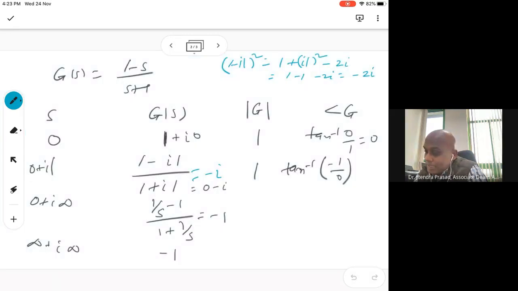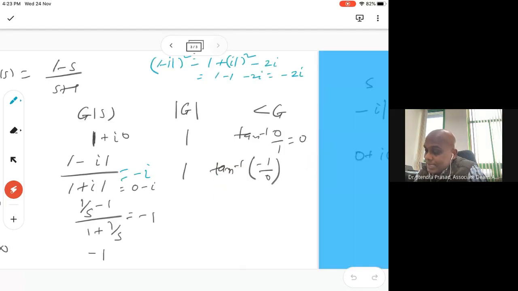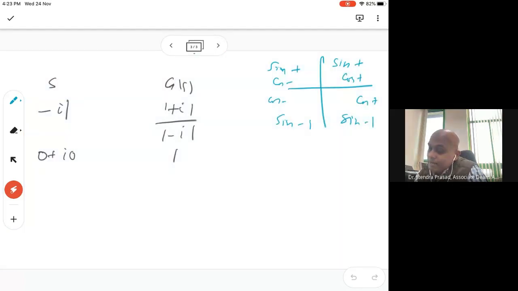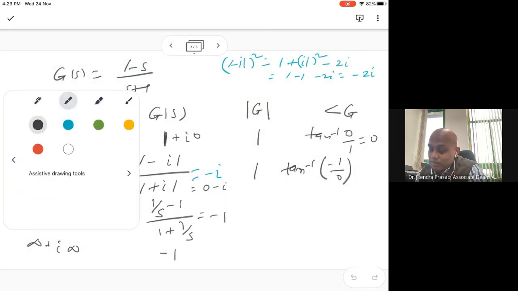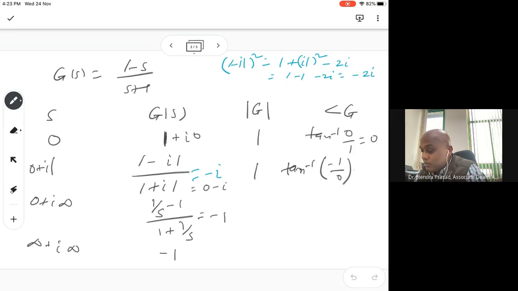Okay, so sine is minus 1. Sine is minus 1, right? So sine is negative, and that really means it should be somewhere here. We are talking about this line then, right? Okay, and what is the angle? Minus 90. So this angle gives you minus 90. Okay, any question, guys? So you have to be careful with angles. Angles you have to be careful. Okay, and yeah, this is equal to minus 90 degrees.